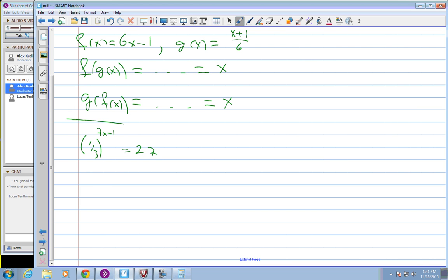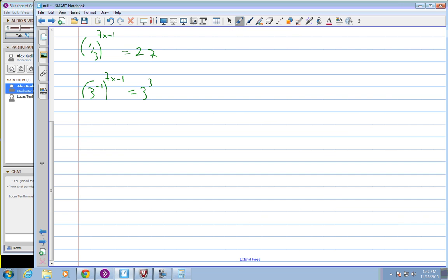So you will turn this one to 3 to the negative first power still raised to 7x minus 1, while the other one is 3 cubed. Right, so then by the rules of exponents, when you raise a power to a power, you multiply them, so you get 3 to the negative 7x plus 1 equals 3 cubed.